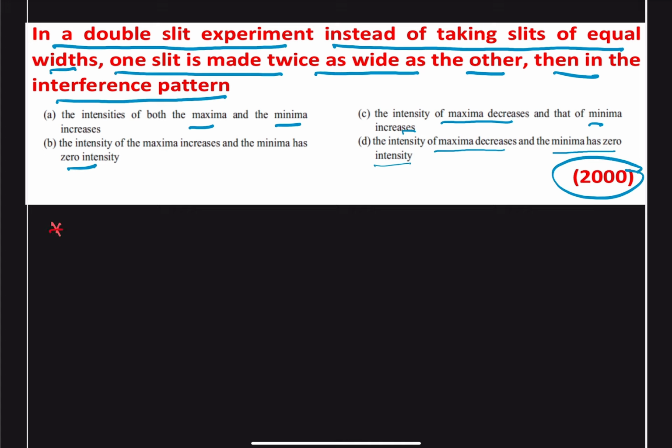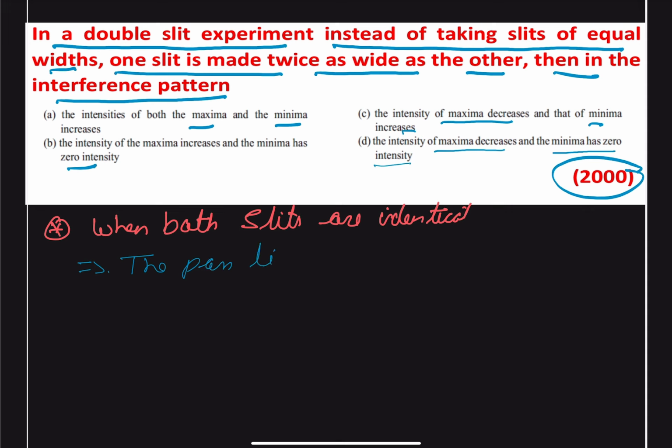So we are given that when both slits are identical, so which basically means they pass light of equal amplitude.